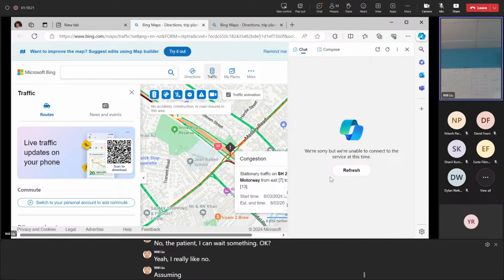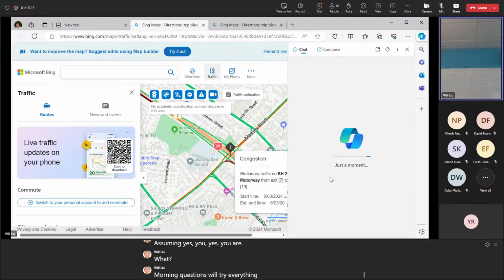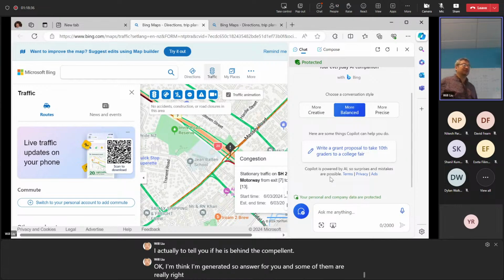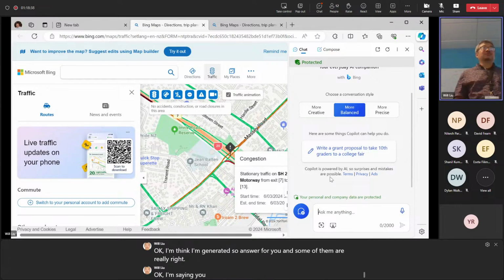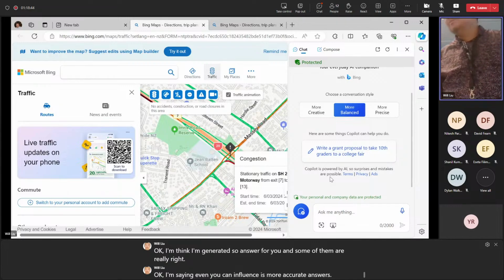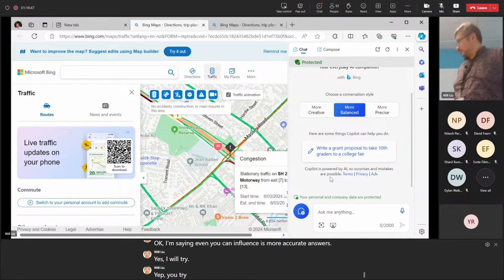Yes, you can ask whatever questions to ChatGPT. Actually, ChatGPT is behind the Copilot. They can generate the answer for you, and some of them are really right. Even you can influence them to generate more accurate answers. Have you tried?